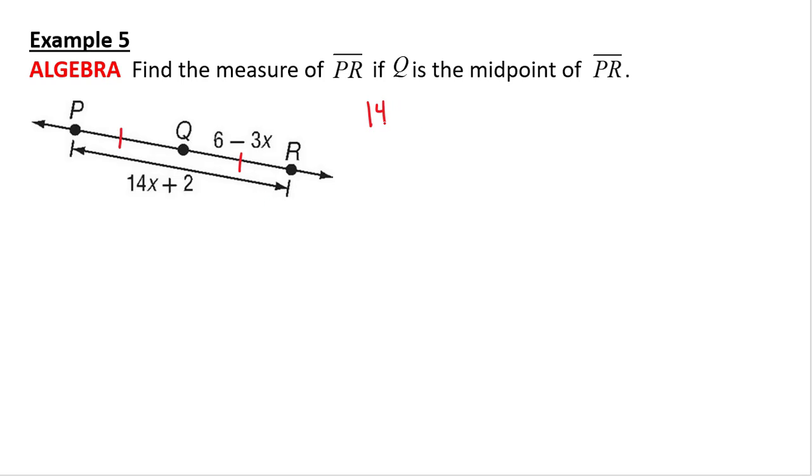So 14x plus 2 is equal to twice the length of the other segment. I distribute. I add the 6 over. I subtract the 2.